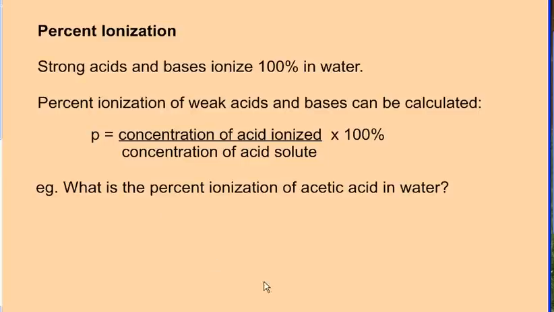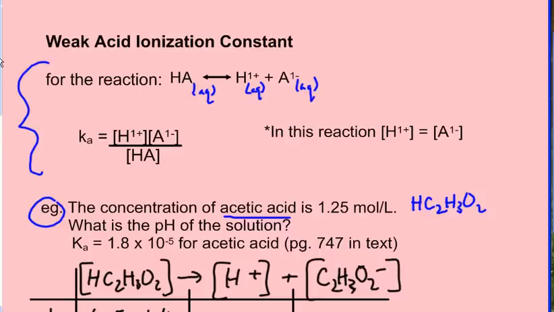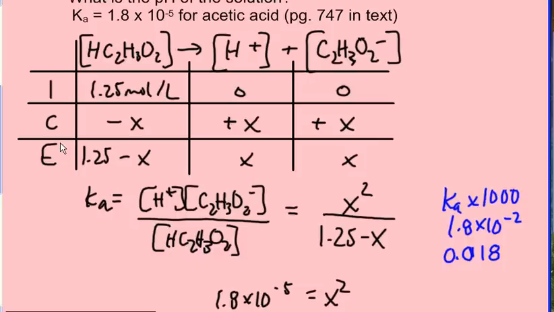So this is where we look at how much acid ionized versus the amount of acid that you put in there in the first place. So we can use our answer from this question to find the percent ionization of acetic acid in water. So in this case, percent ionization equals the concentration of the acid that ionized, which in our example is x. Okay, so our ions are over here.